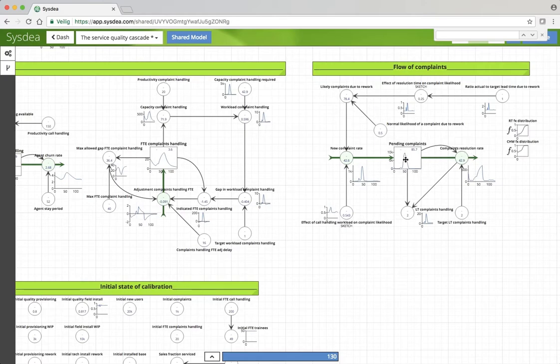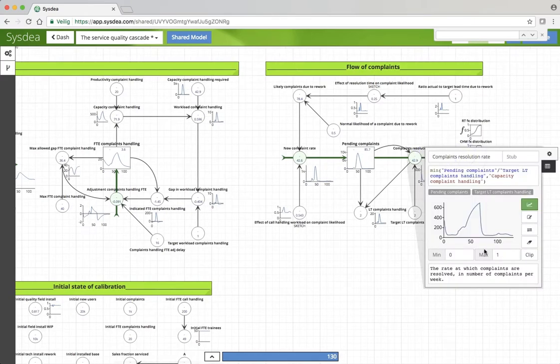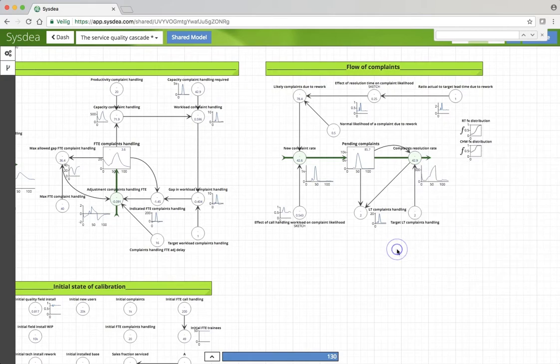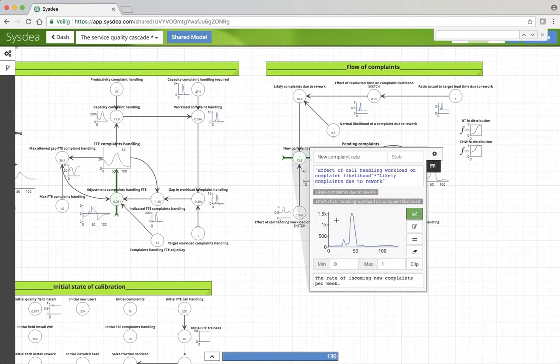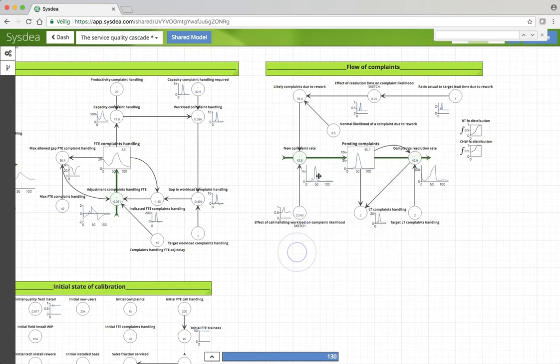And why is this peak so huge? Quite simply, because the complaint handling rate never becomes more than 600-700, and if the inflow rate can easily come to 1,500, then you've got twice as many coming in than going out.